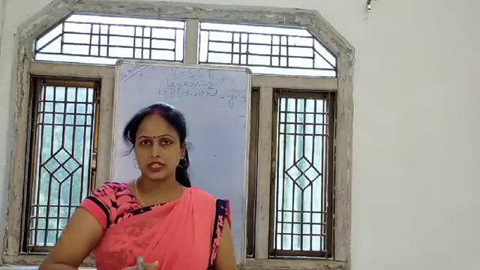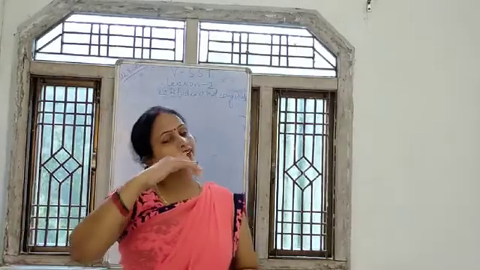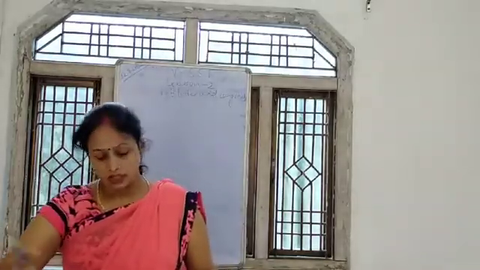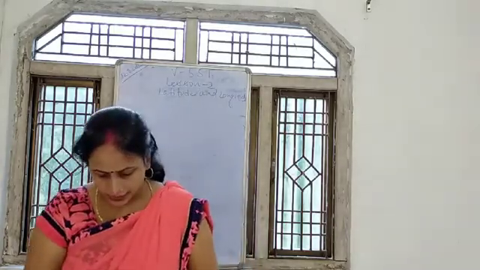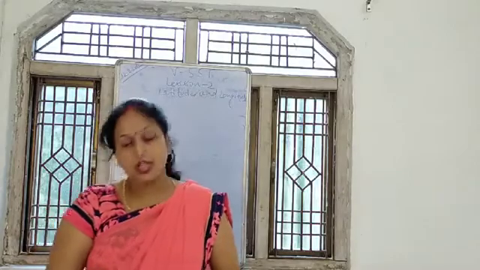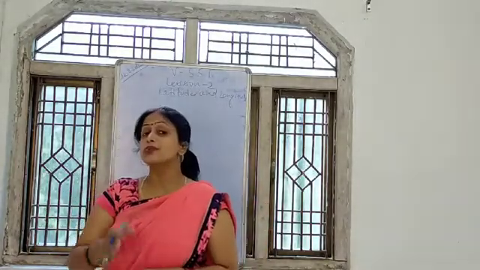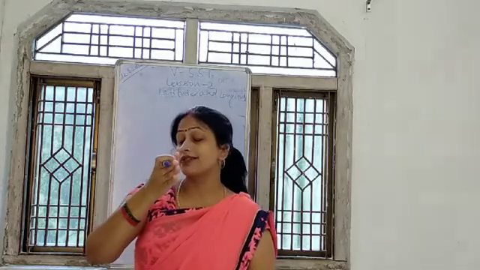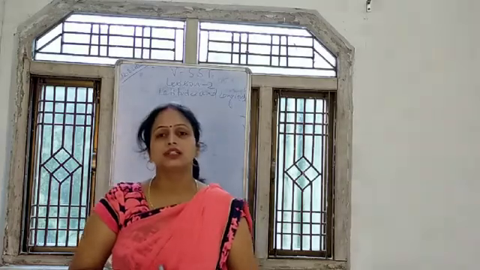It is a vertical line, and latitude is a horizontal line, parallel to the equator. This line passes through Greenwich, which is situated near London. It's called the prime meridian.